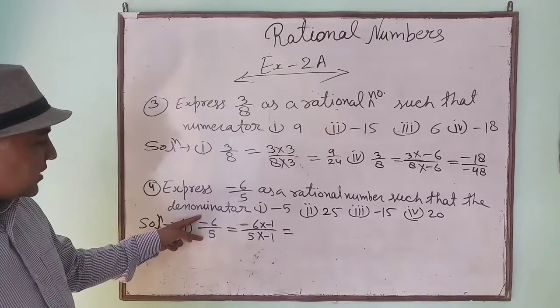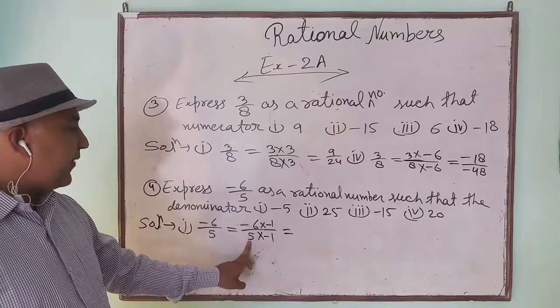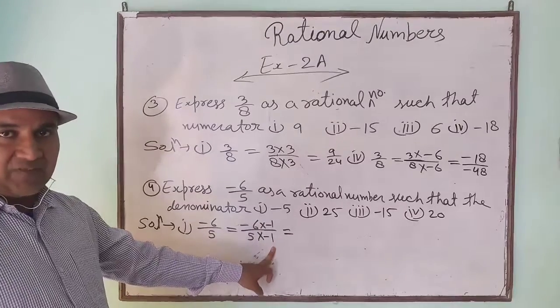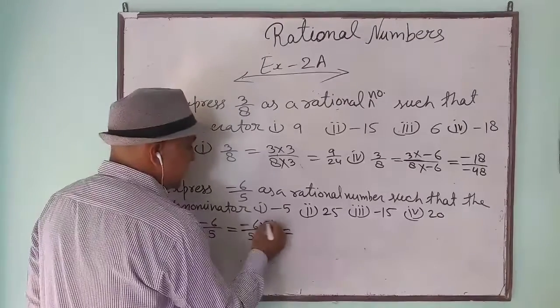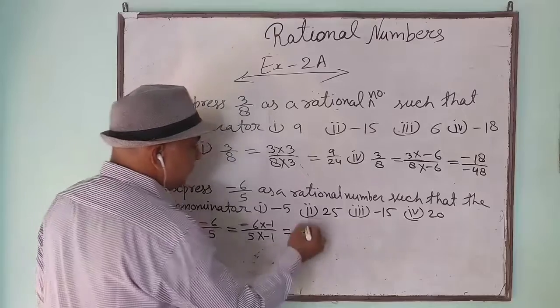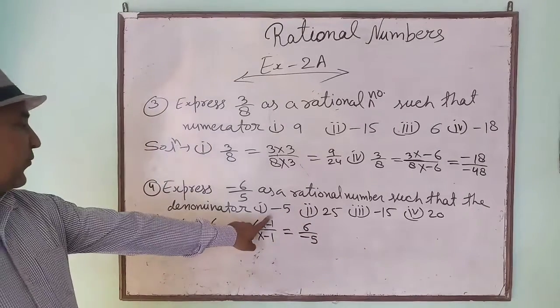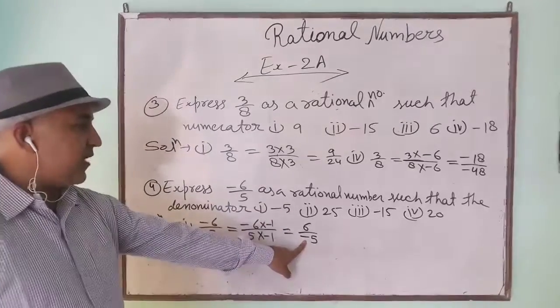Your question is minus 6 by 5. You have to change 5 into minus 5. Then 5 will be multiplied by minus 1. Understood? Now do it. Minus 6 into minus 1 is plus 6 and 5 into minus 1 is minus 5. See, in your first part you have to change your denominator into minus 5. See here, denominator is minus 5.